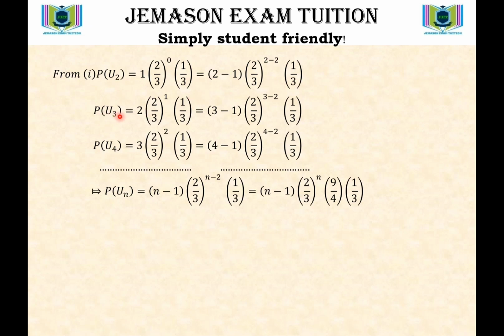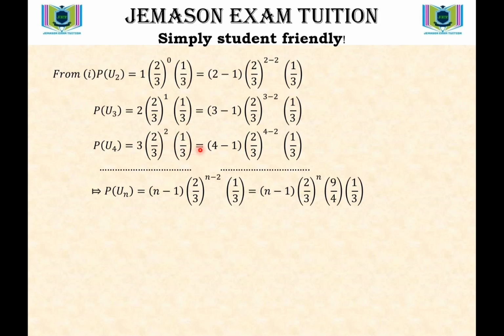In the case of P of U3, 2 can be written as 3 minus 1, so that it should also reflect the subscript n, which is 3 in that case. So 3 minus 1 would give you 2, then 2 over 3 to the power 1 can be written as 2 over 3 to the power 3 minus 2 into 1 over 3, and then P of U4, which is 3 into 2 over 3 to the power 2 into 1 over 3.